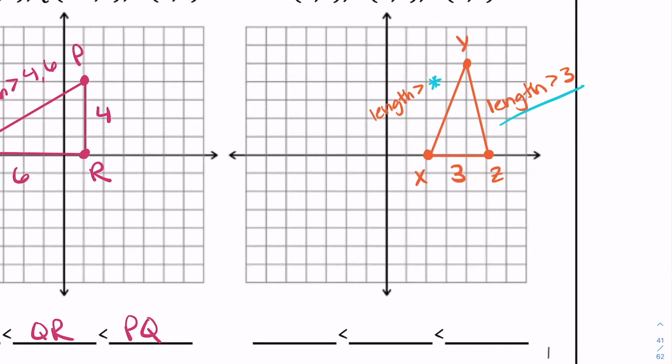So XZ is the shortest, YZ is longer, and the longest is XY.